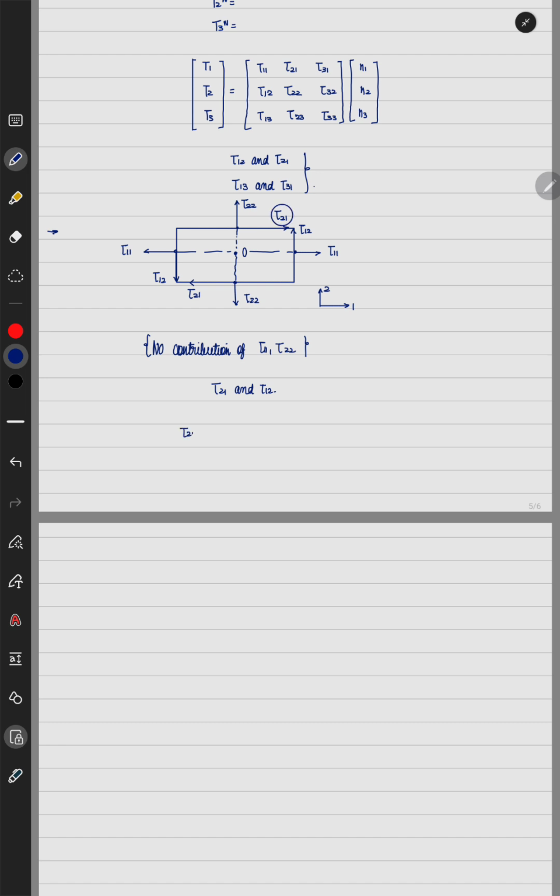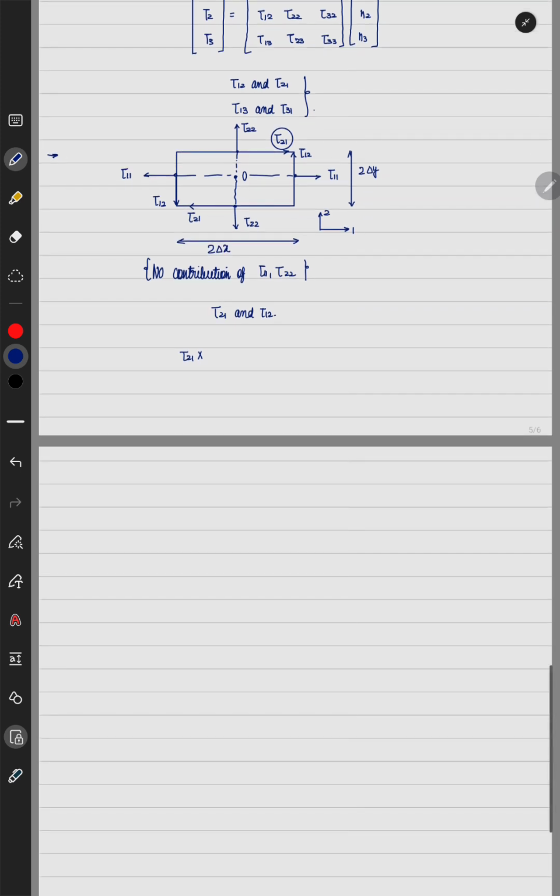Force is tau 2 1 into, let us say this is 2 times delta y and this is 2 times delta x. So for tau 2 1, what is this length? 2 delta x into 1. This becomes the force, and what will be the lever arm?